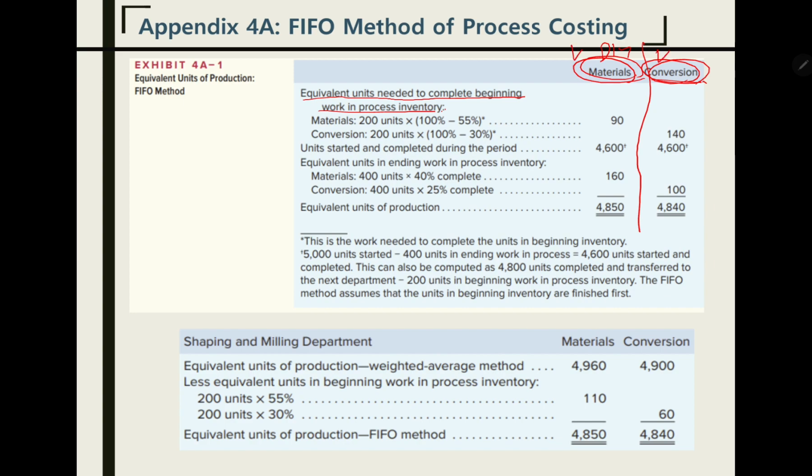Why? We separately compute the equivalent units for direct material and conversion cost because these two costs have different completion percentages.